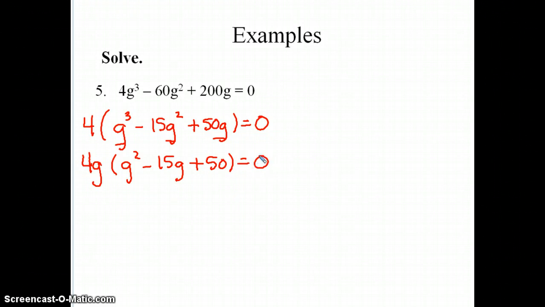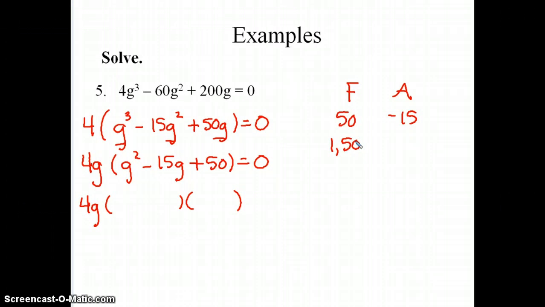Now I'm looking at the trinomial, and I have to determine if I can factor that. So once again, this is going to be a factor-add. So factors of 50 that add to negative 15. I have 1 and 50. And since they have to add to a negative, I'll throw a negative on the 50. I have 2 and negative 25. And I have 5 and negative 10.